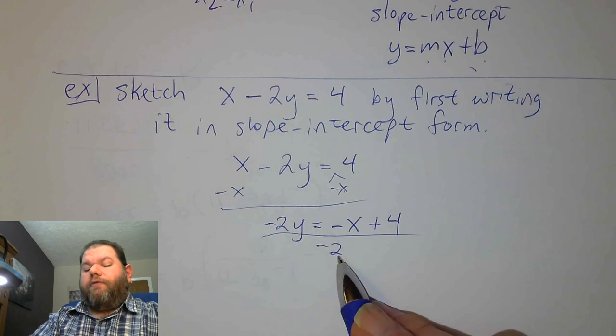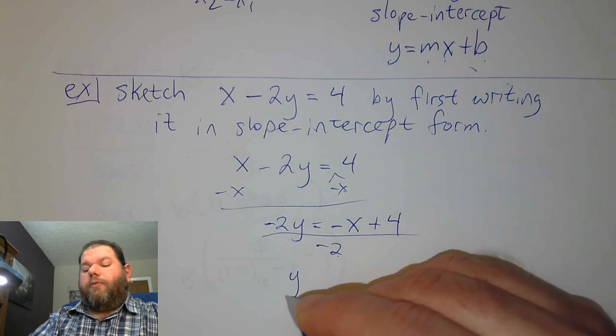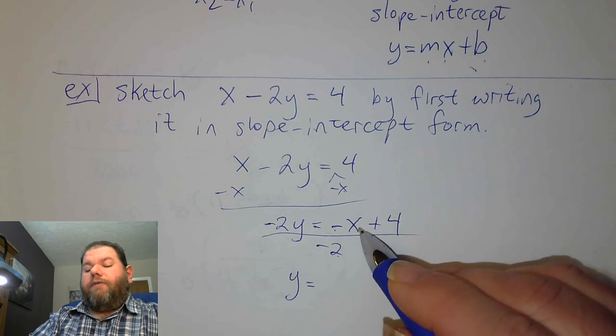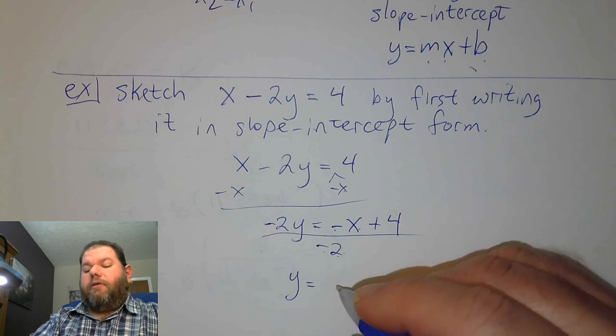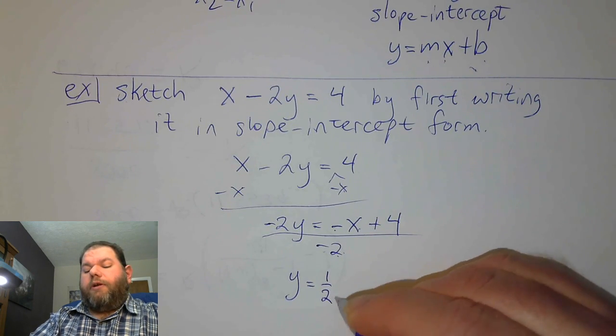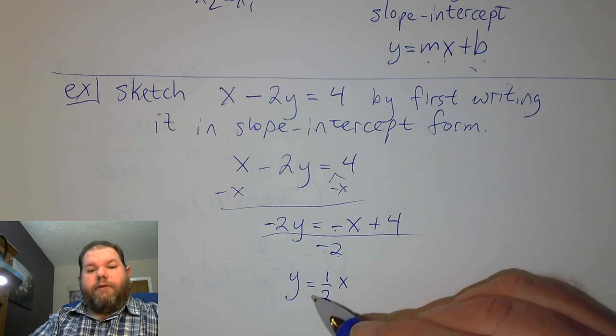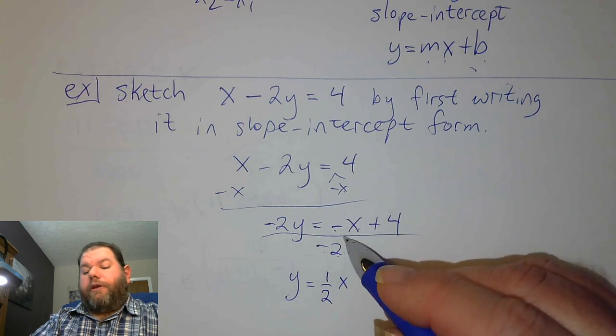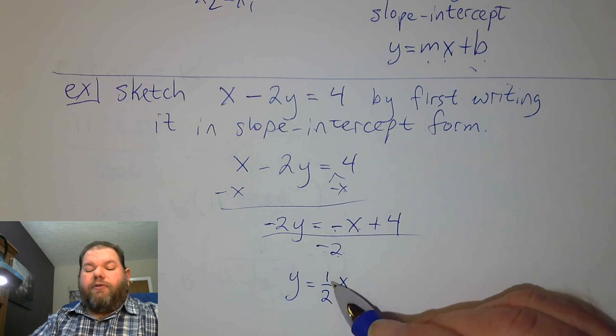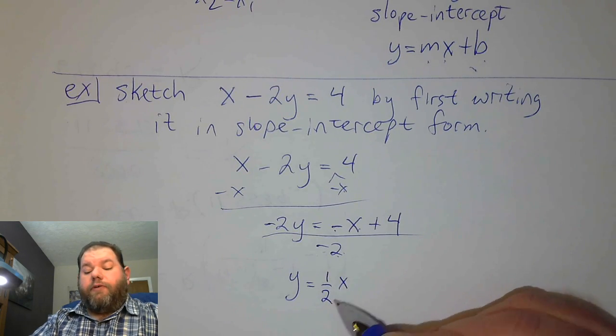So -2 divided by -2 just gives us a plain y. Negative x divided by -2, I'm going to make that a 1/2 x, and because the negatives cancel, it'll be positive. But then we have 1x over 2, so instead I'll write that as a fraction, 1 over 2 times x.